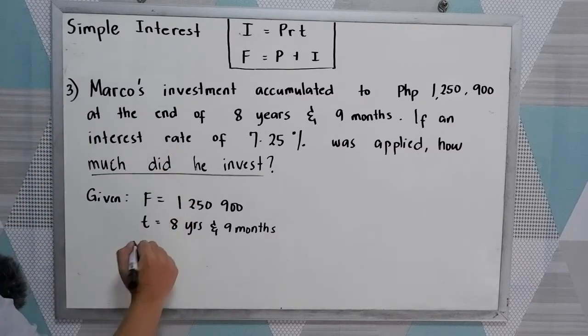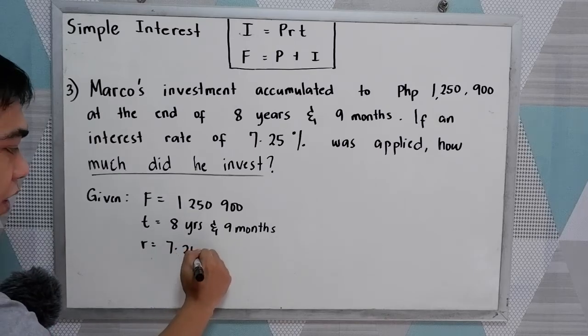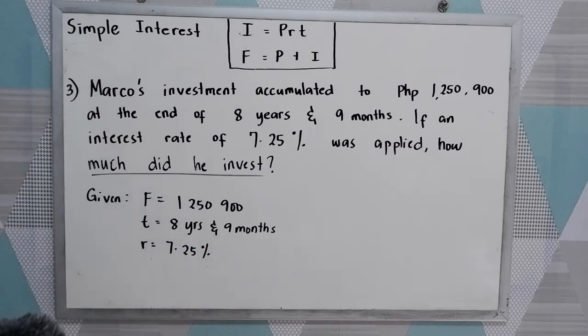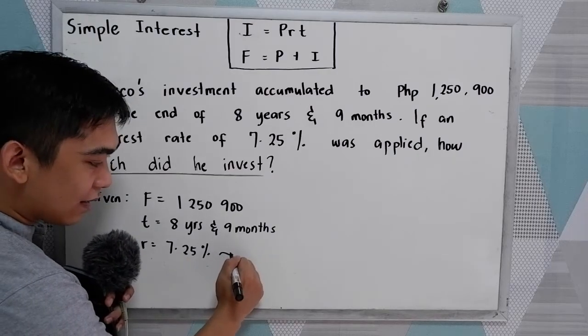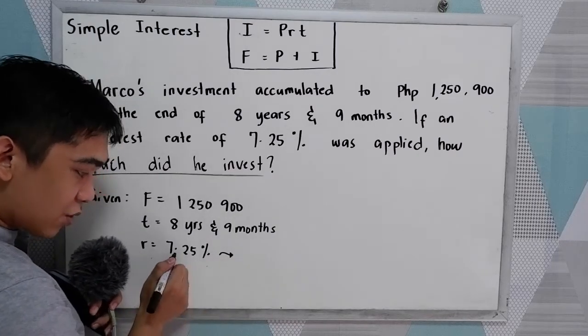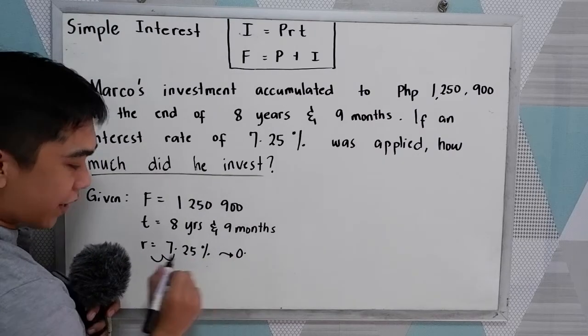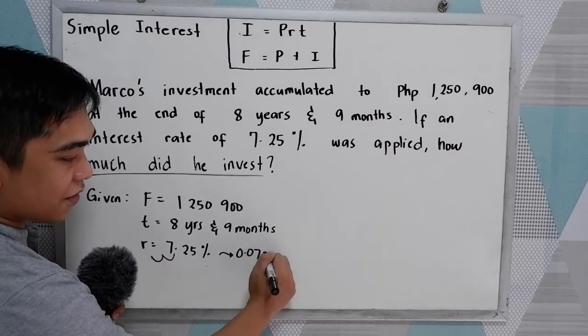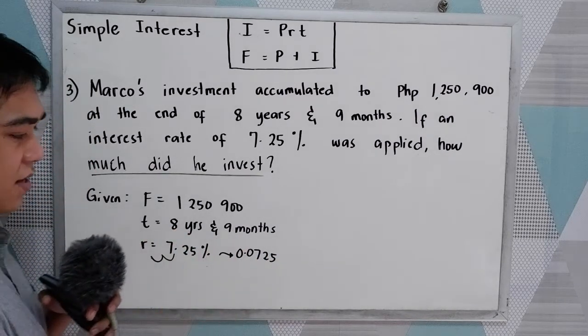And rate of 7.25%. Writing into decimal, move twice to the left, 1, 2, so 0.0725.